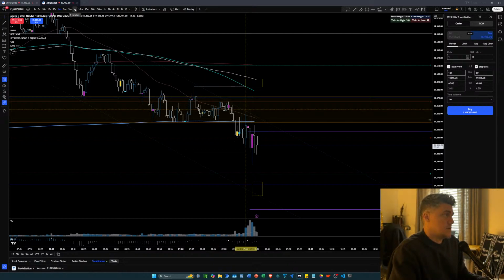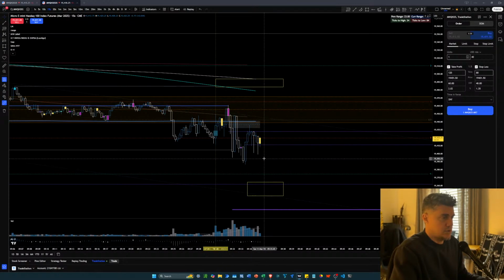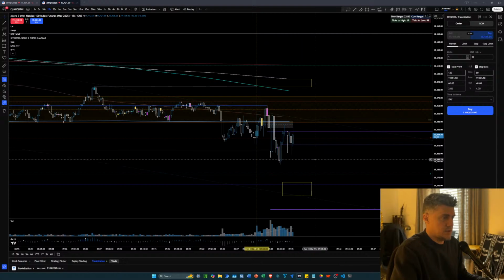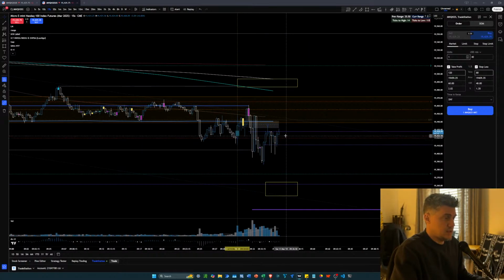However, we are very oversold, due for a bounce, and we just swept London lows. So if we were going to bounce, this would be low key an optimal place to see a push up.